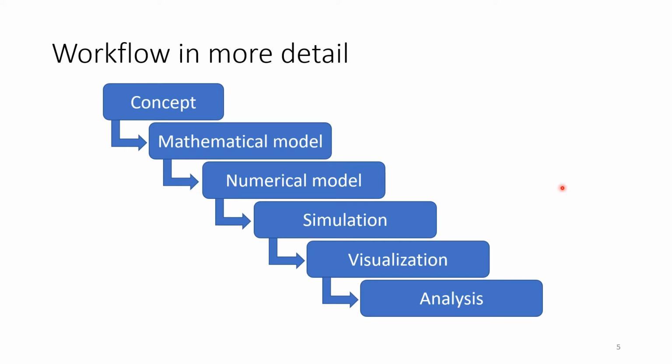Diving into this in a bit more detail, as I already mentioned, we started with the concept. So what kind of physical processes I need, what kind of parameters I need, what I'm actually looking at. From there on, I'm deciding on my mathematical model.